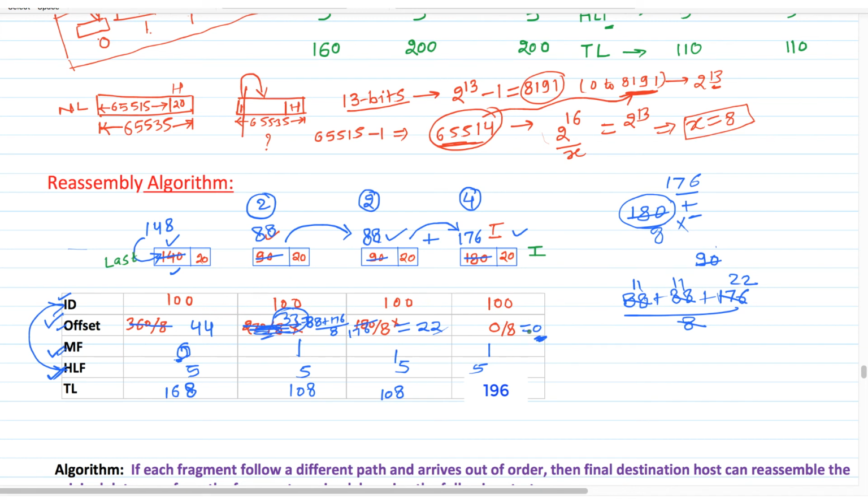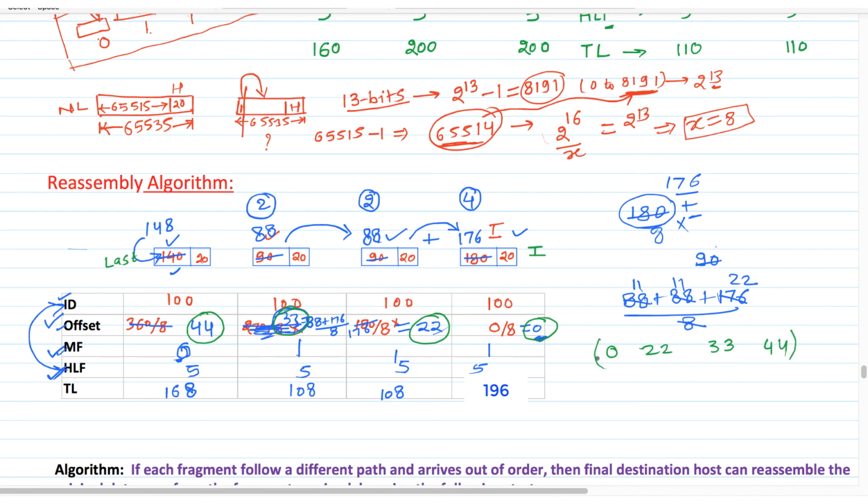One more thing, here the value is 0, here it is 22, here it is 33, here it is 44. So first the receiver will arrange all the fragments in ascending order of offset value: offset 0 will be the first fragment, then 22, then 33, then 44.